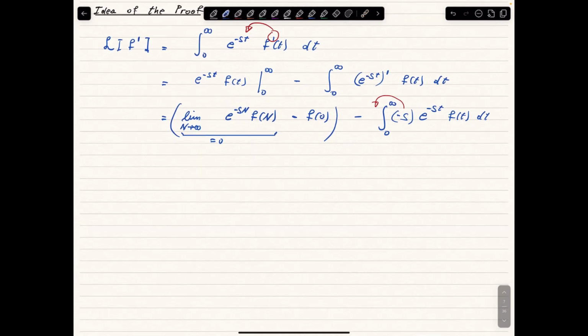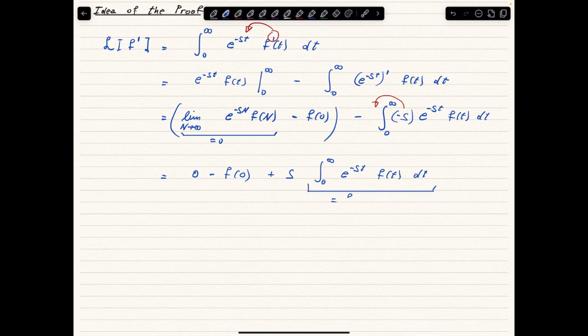And then what we are going to have is something of the form 0 minus f at 0, plus s times the integral from 0 to infinity of exponential negative st f of t dt, and this is of course the Laplace transform of f.